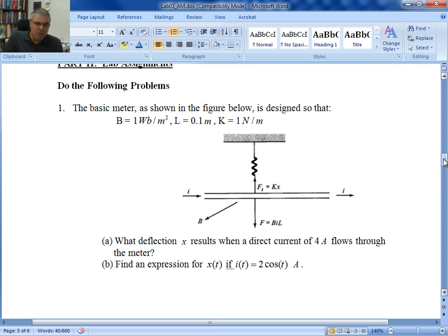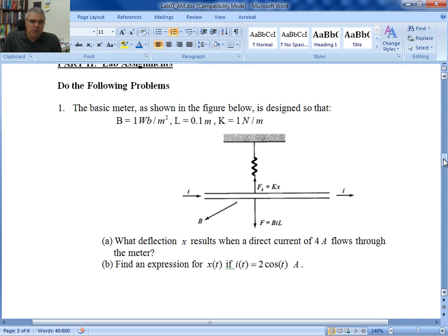Again, you need to refer to the course notes, or sometimes I may call it a handout, for this particular lab. It will be indicated as electrical measurement and sensing, so you won't miss it, and it's posted under the laboratory section of the course.